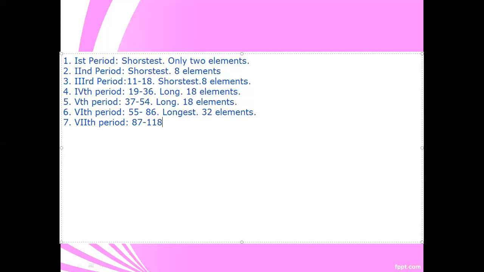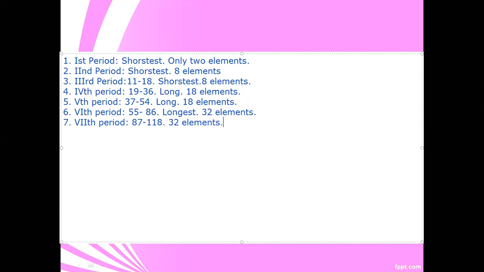So the seventh period contains the atomic numbers 87 to 118. This period also contains 32 elements. Recently, 4 elements were added in this period by IUPAC names. So this is also called the longest period because it contains 32 elements.